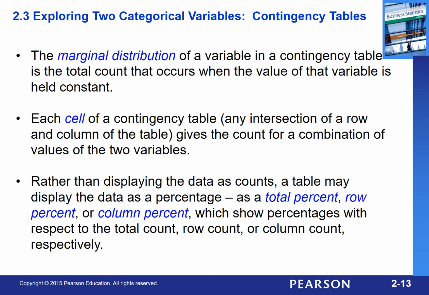You could go across the row variable, down the column variable, or use the total to do all of your percentages. So there are lots of different ways you can do your relative frequency now, and that makes this a little bit more interesting, I'd say, depending on what you're trying to compare.